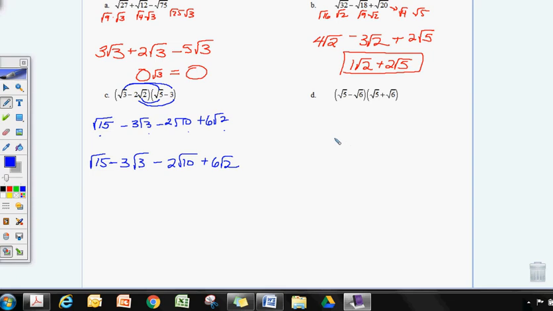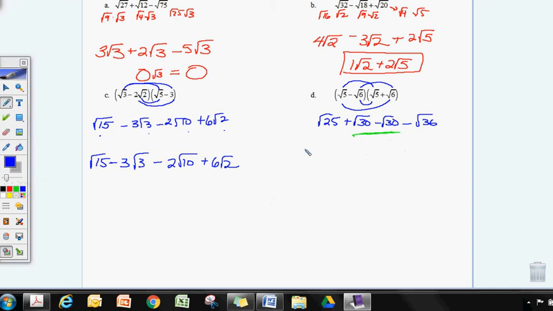Multiply these last ones. So when I do my firsts, I get the square root of 25. When I do my outsides, I get positive square root of 30. When I do my insides, I get negative square root of 30. And when I do my last, I get minus square root of 36. The two middle terms cancel each other.